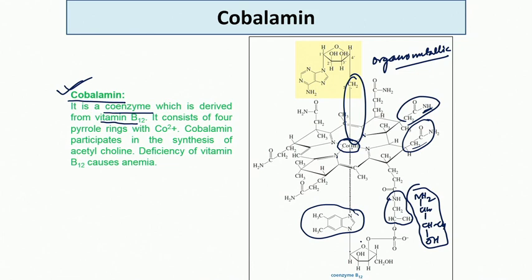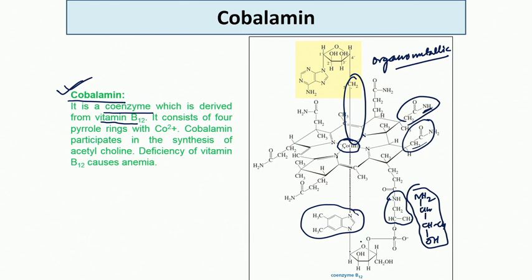So, that is a very complicated type of structure. You have these pyrrole moieties occupying these 4 sides, then the methylene of adenosine attached to the cobalt, and on the other side a new base, a benzimidazole, whose nitrogen is coordinating to the cobalt.